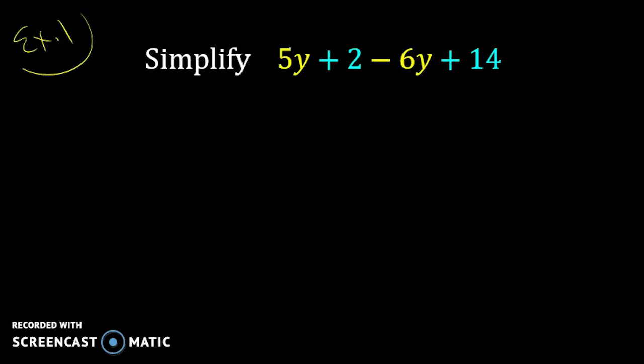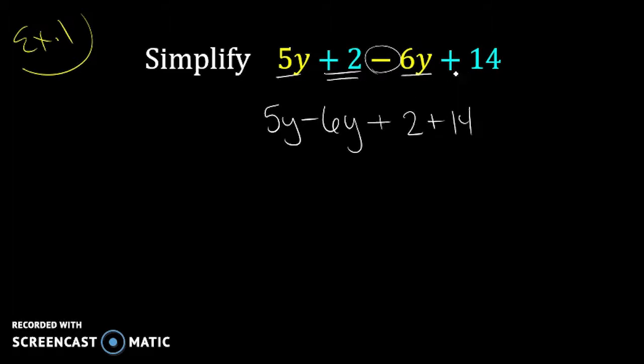When we start combining, we have 5y minus 6y. This is a way we can just regroup or change the order of things so that they're close to each other. So we have the 5y and the negative 6y, and then we have the plus 2 and plus 14. So far we've just reordered them so that it's easier to simplify them.